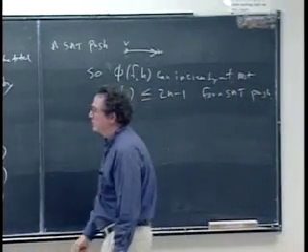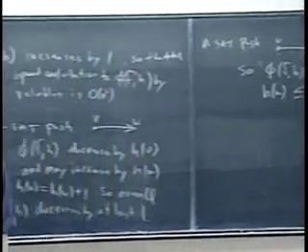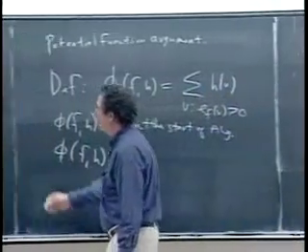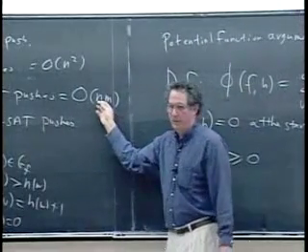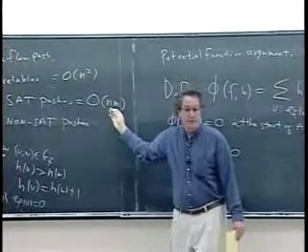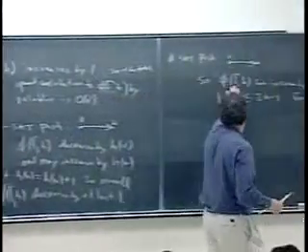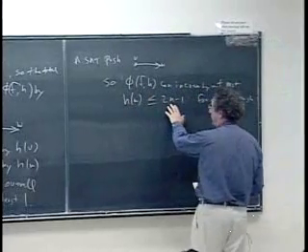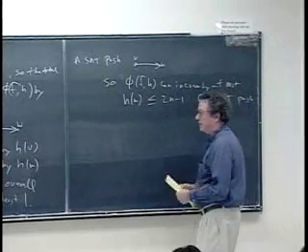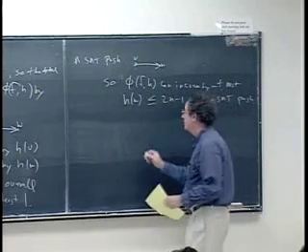And how many saturating pushes can you have? Well, we did that last time. The number of saturating pushes is at most nm. And so if each time is a saturating push, it can increase this function by at most 2n. And there can be at most nm saturating pushes.